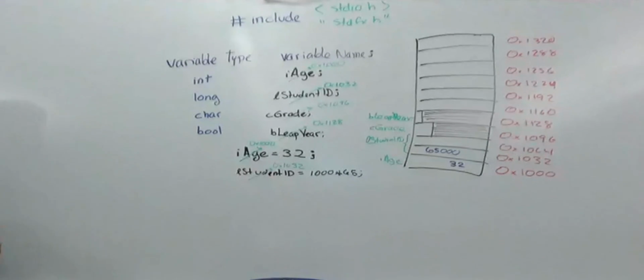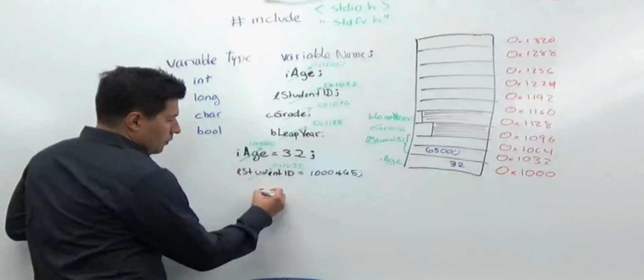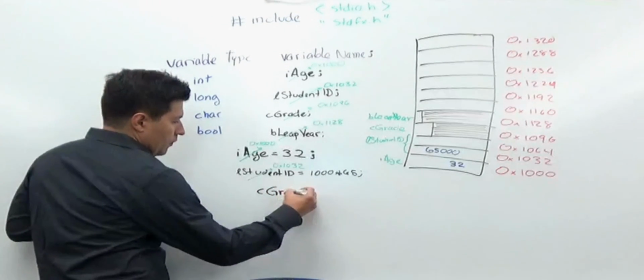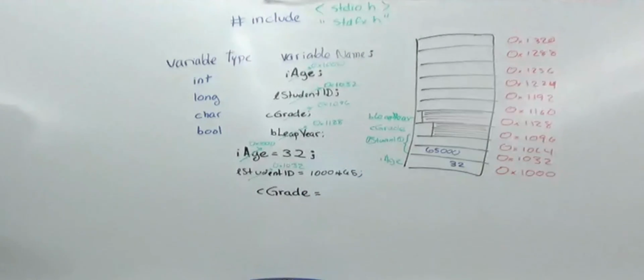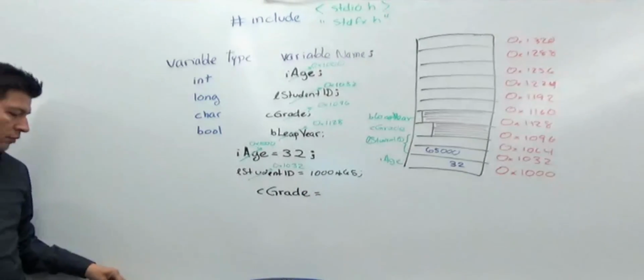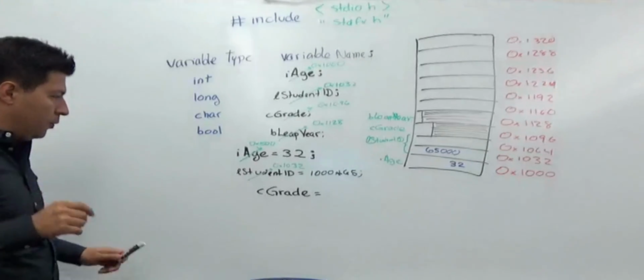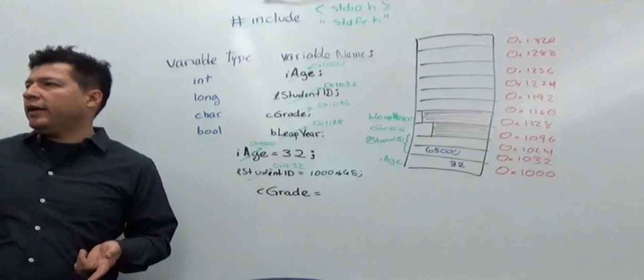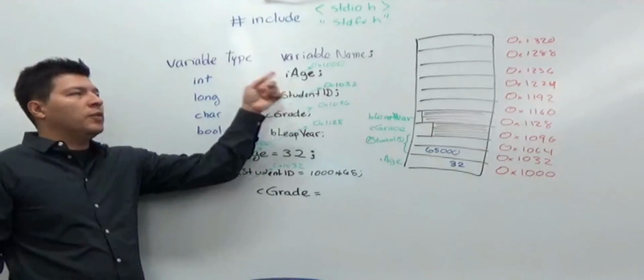So, characters. A single character, you must use single quotes to indicate the character. Technically, I could declare a variable int with one letter, right?